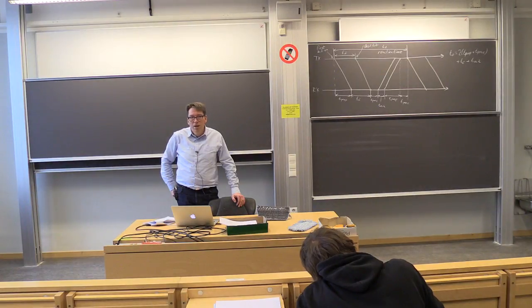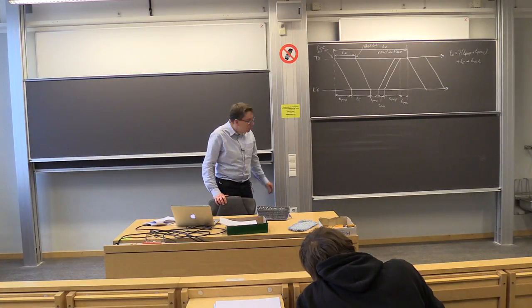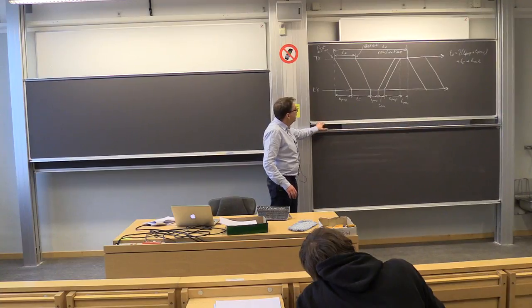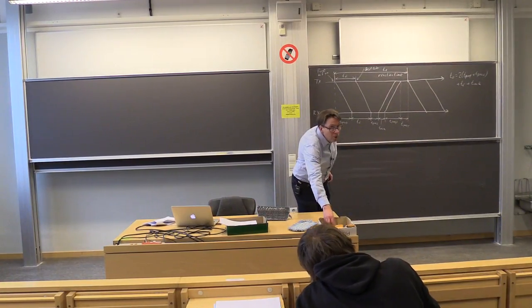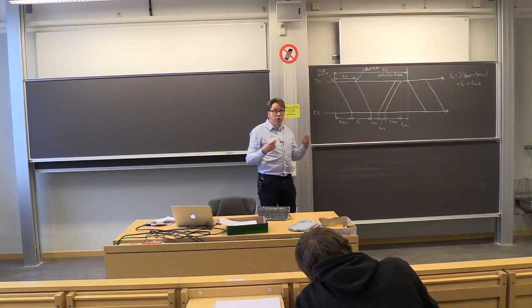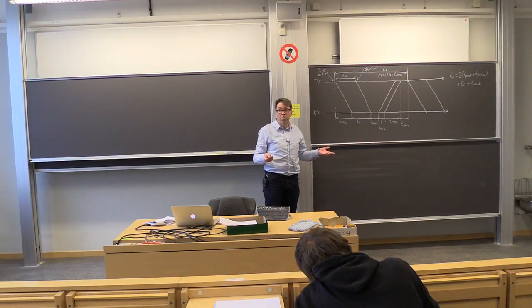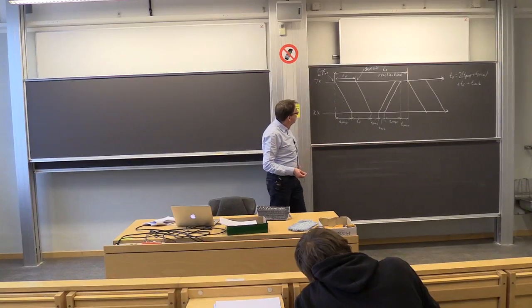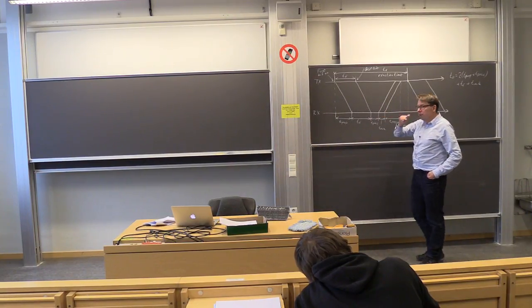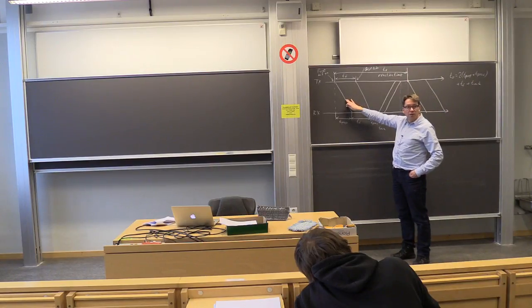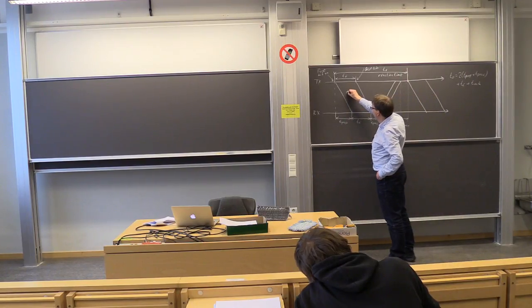Thanks, guys. Okay, so we're talking about efficiency of stop and wait, and what we did just before the break here was to draw a simple timing diagram of what's going on in the best case where we do a successful transmission of a frame at the first attempt. So we have a time axis here for the transmitter and the receiver, and the transmitter starts to send a frame consisting of a number of bits.